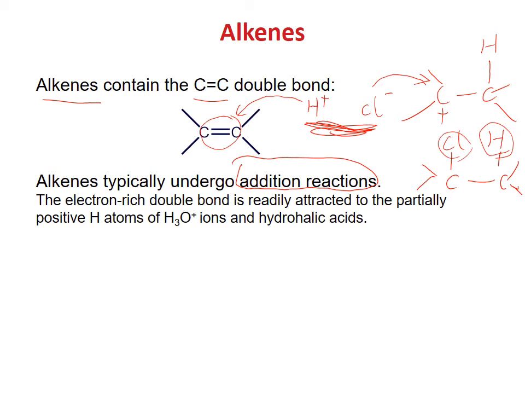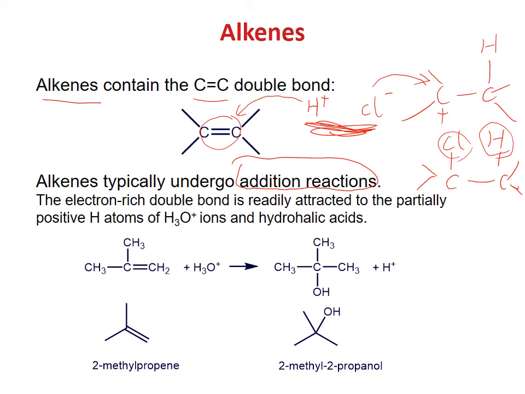Now, if the acid is dilute, in a dilute acidic solution, the proton first adds to one of the carbons of the double bond, and CH2 becomes CH3. Then because the solution has only a small amount of chloride, since it's dilute, it's not the chloride that attacks the other carbon, instead it's water.